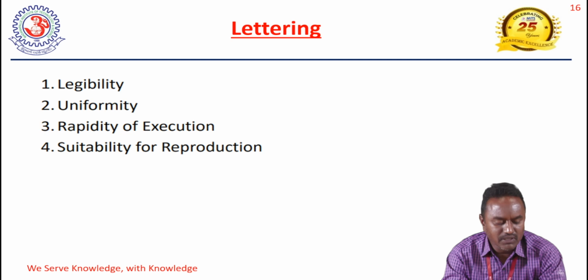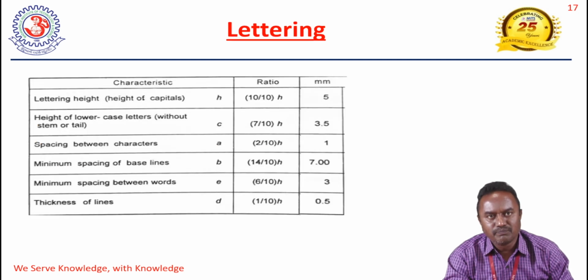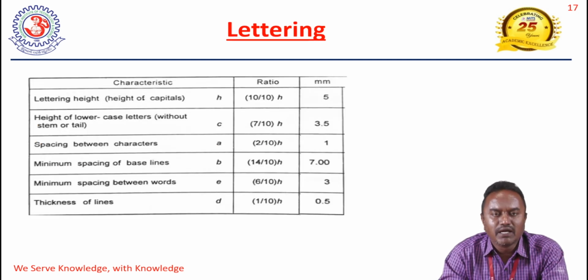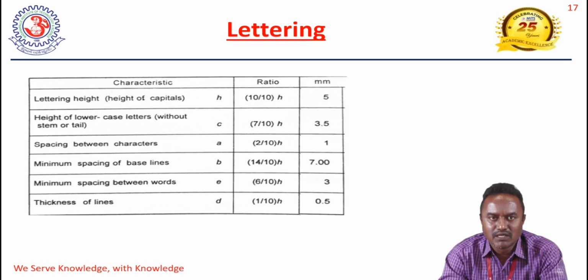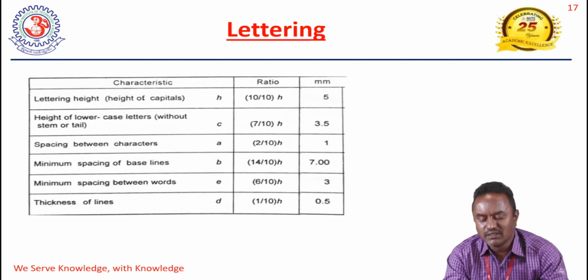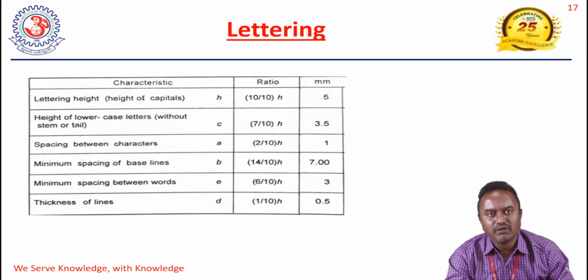These are all important when doing lettering. We also have standard heights for lettering: for capital letters we can use 5 mm, and for lowercase letters 3.5 mm. The space between the characters is 1 mm, the minimum spacing of the baseline is 7 mm, the minimum spacing between words is 3 mm, and the thickness of the line is 0.5 mm. So we use standard lettering styles as well as standard lettering heights for uniformity of the drawing.